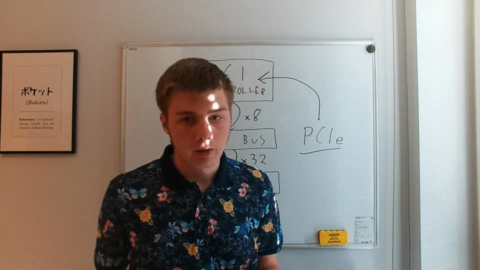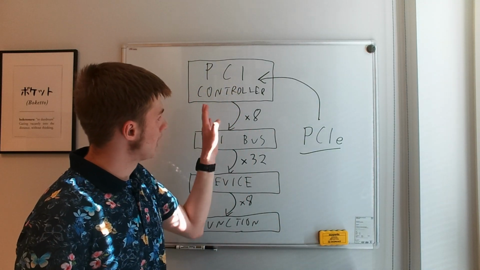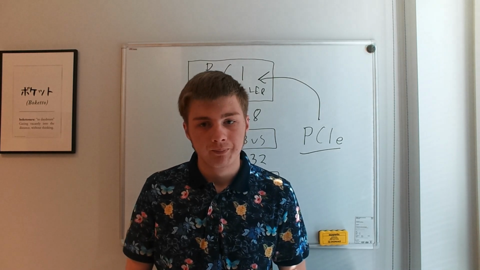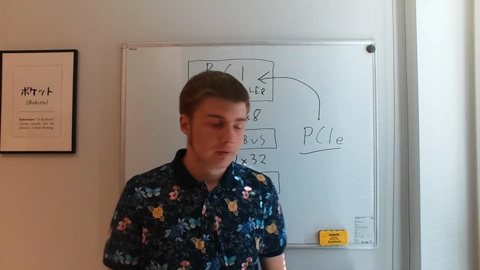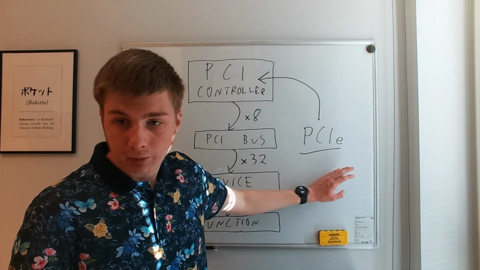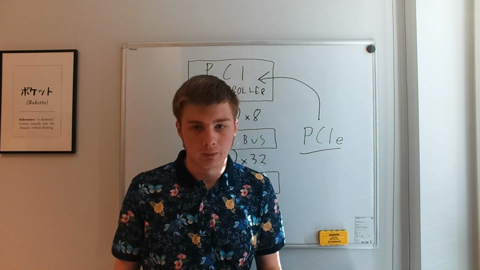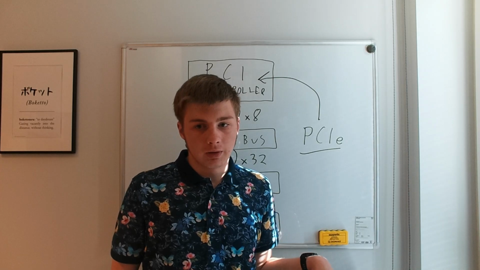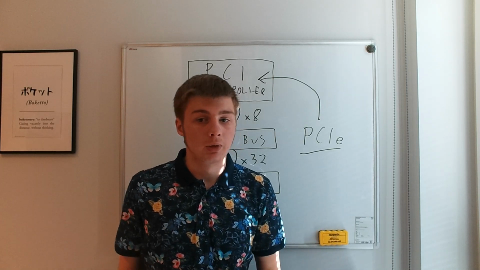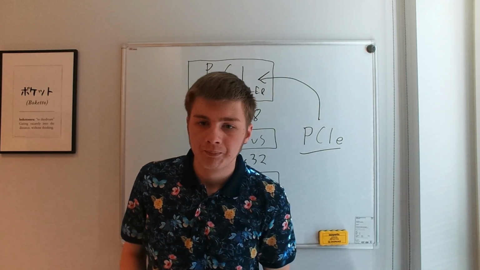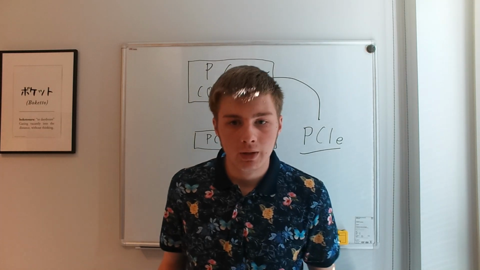And because of that, I'll be presenting a way to communicate with a PCI controller using the I/O bus of the CPU. And all of that will also work for PCIe, and it's going to be perfectly fine, because PCIe is also made backwards compatible, so that the PCIe controller can also be communicated with through the I/O bus in the exact same way as a PCI controller. So it's going to work perfectly fine.